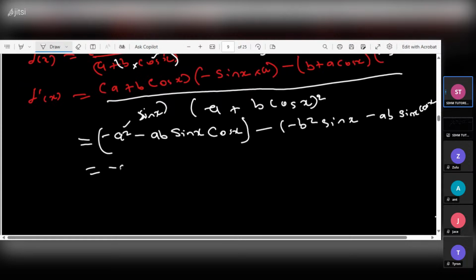We're going to have a squared sine x, and then minus ab sine x cos x, and then this is going to be positive. We're going to say positive b squared sine x, and then plus ab sine x cos x.